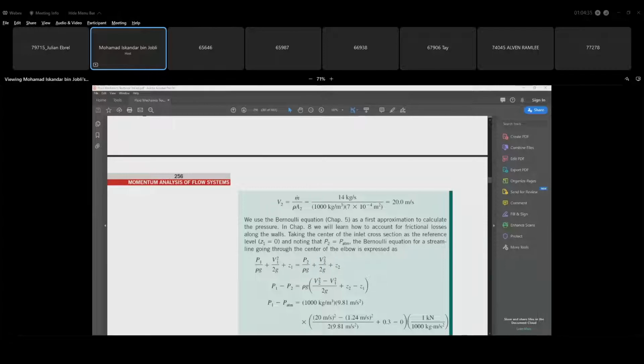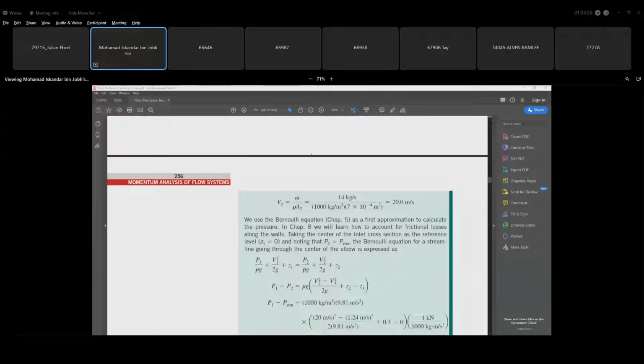And then you'll have something similar at point number two, which is equivalent to P over rho G plus V square over 2G plus Z2, for point number two.